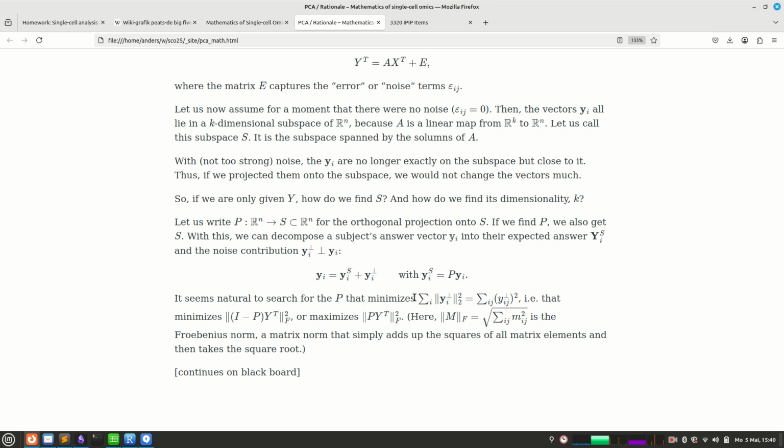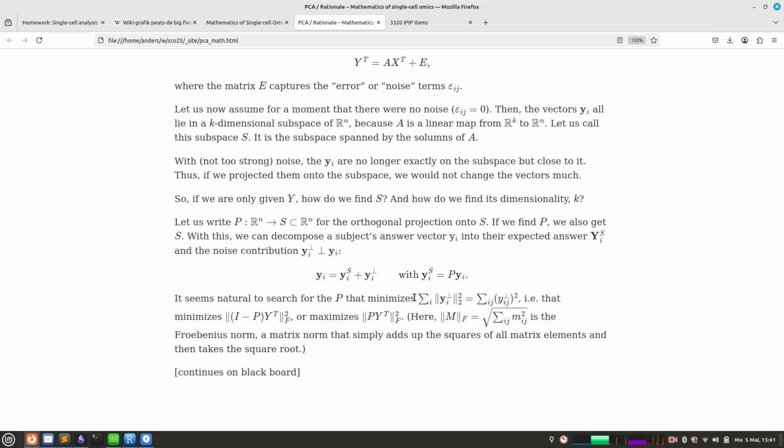So S will be spanned by the basis vectors of S. We just fix the basis, and afterwards we will need to see how we select this basis.